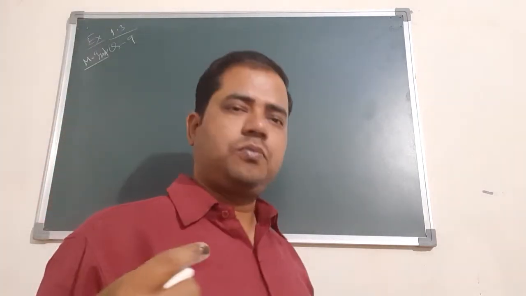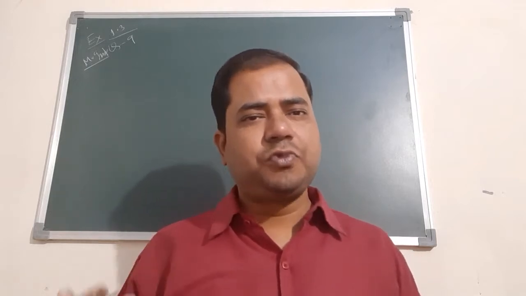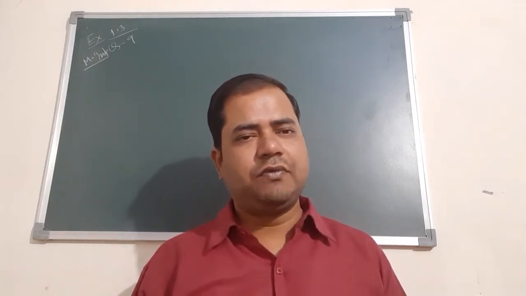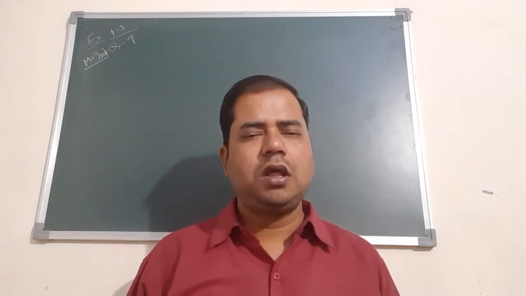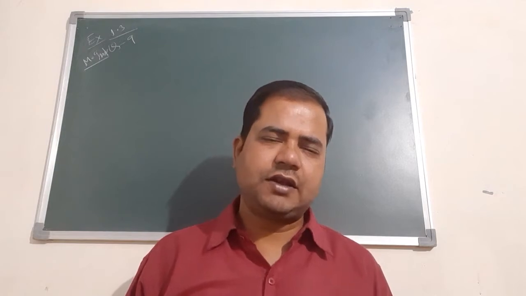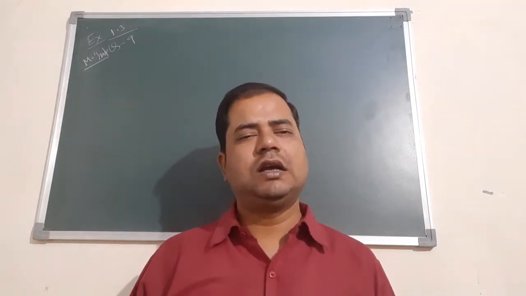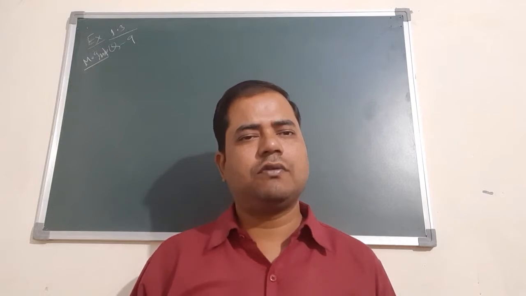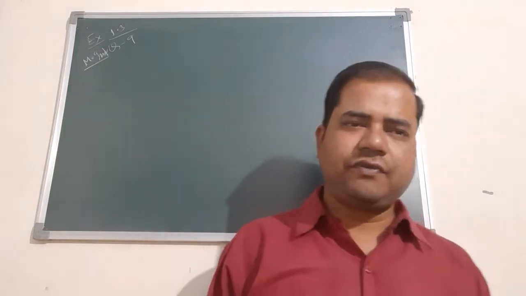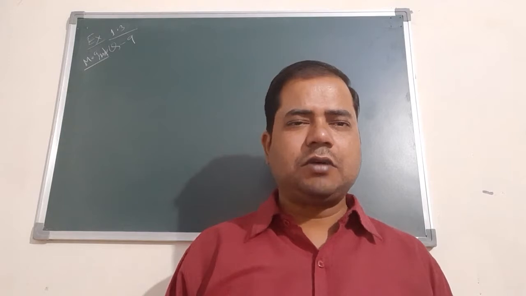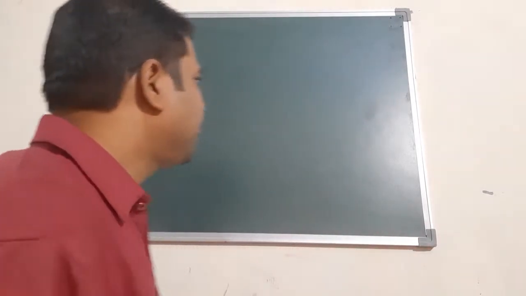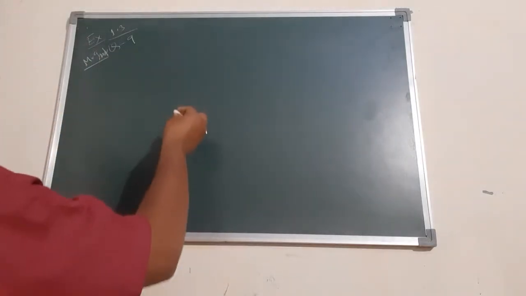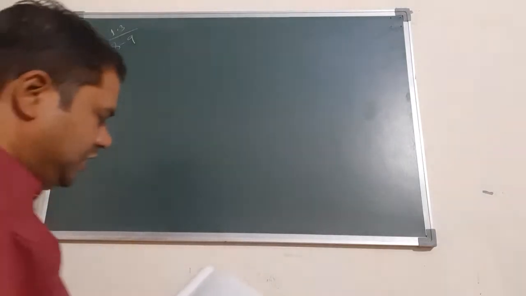As you know, to prove that a given function is invertible, we need to prove the function is one-one and onto. Otherwise, the second method: if f and g are two functions that are inverse of each other, then f composition g of x is x and g composition f of y is y.